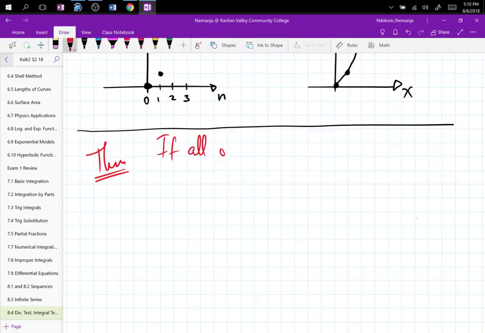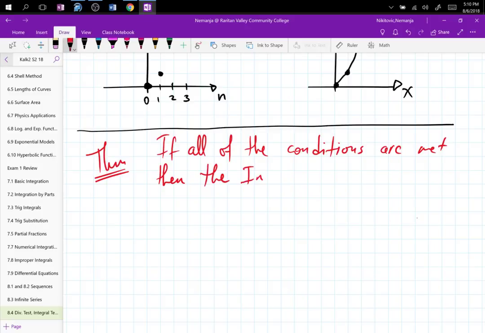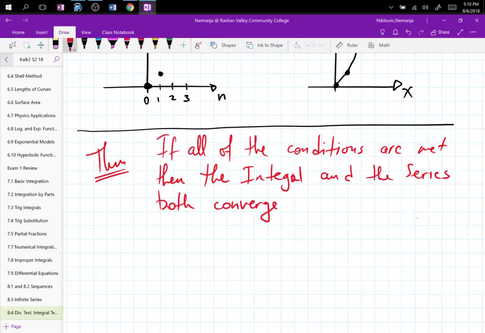If all of the conditions are met, then the integral and the series both converge or both diverge.